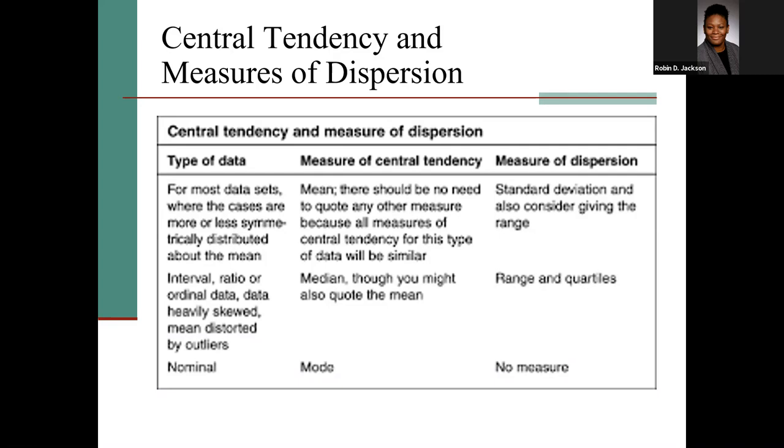So for certain types of data sets that have certain types of variables, there are certain measures of central tendency that we would use, and certain measures of dispersion that we would use.